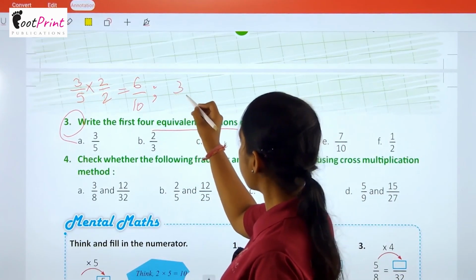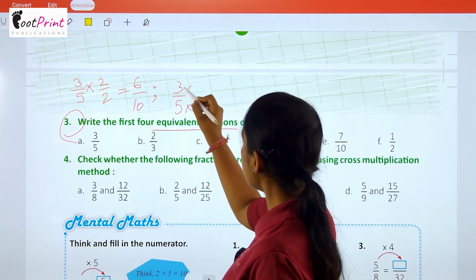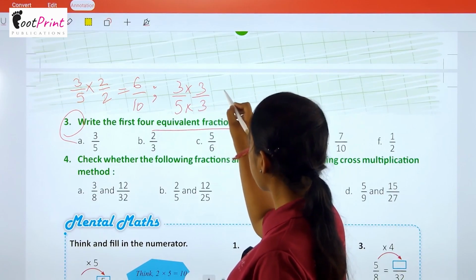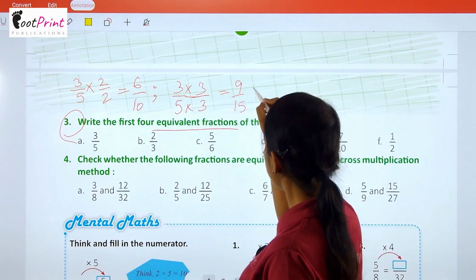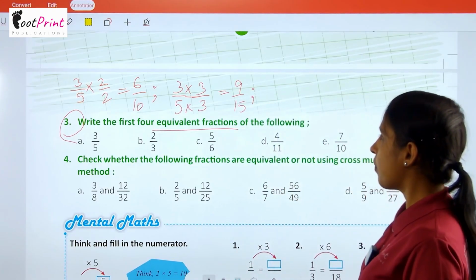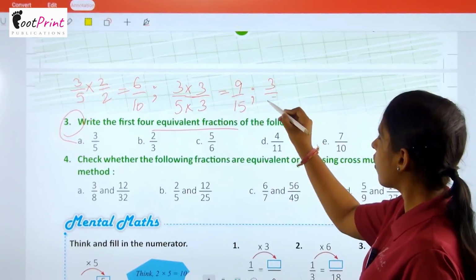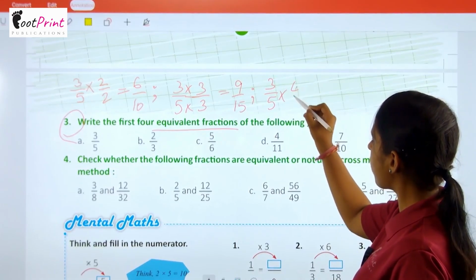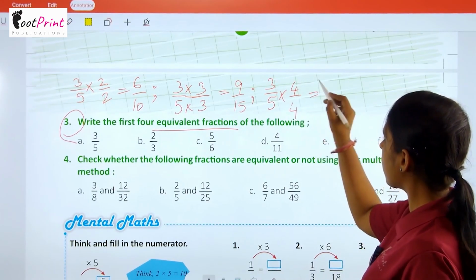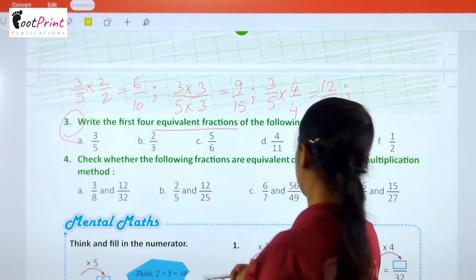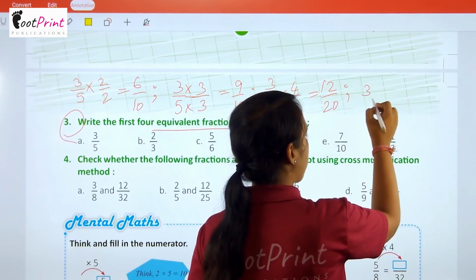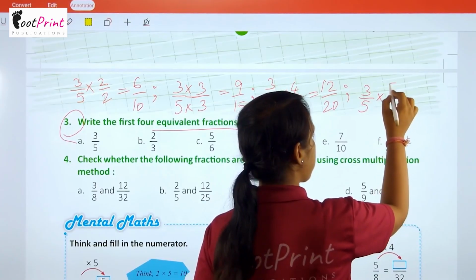So 3 by 5, now we will multiply by 3, the same number for both. So what will we get? 3 threes are 9, 5 threes are 15. Again we multiply 3 by 5 by 4. So what will we get? 3 fours are 12, 5 fours are 20. And next we multiply 3 by 5 by 5.